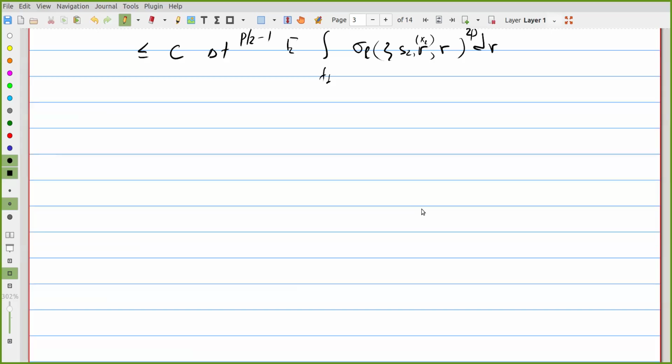You can use here either the Holder inequality. Here, let us recall.